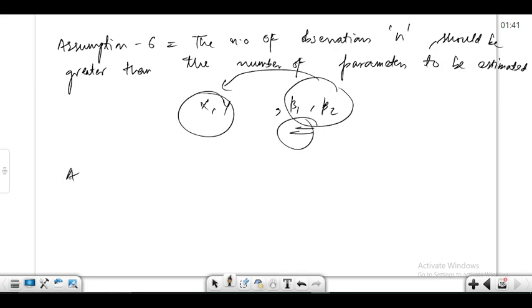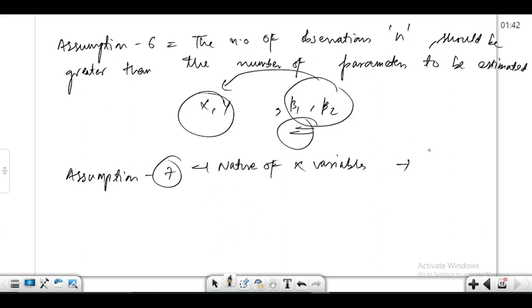Then I have assumption 7, that is the last assumption. It talks about the nature of the x variable. It says that the x values in a given sample must not all be the same. So it is very obvious.